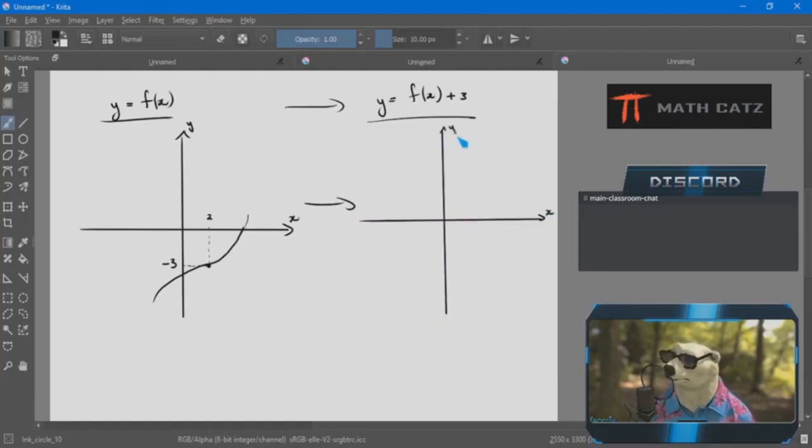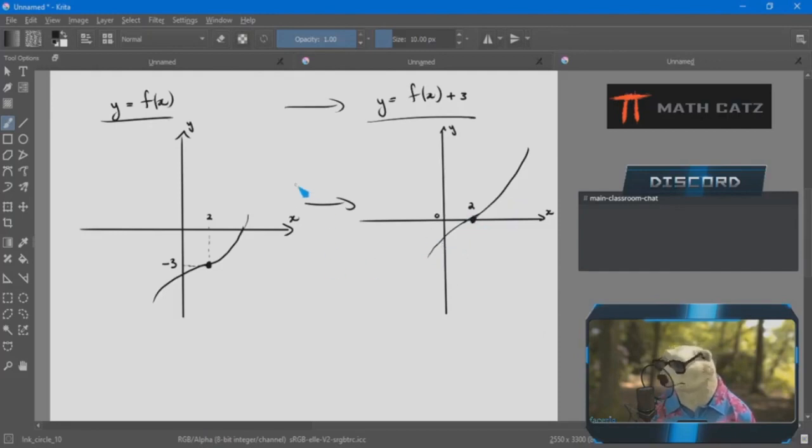Which is that everything shifts up by 3. So this point that I know a little bit about now shifts vertically up because I added 3 by 3 units. So that point is now going to sit over here at 2, 0. And the same graph shape is happening. Oops. I don't know what it is, right? It could be anything. Same shape.